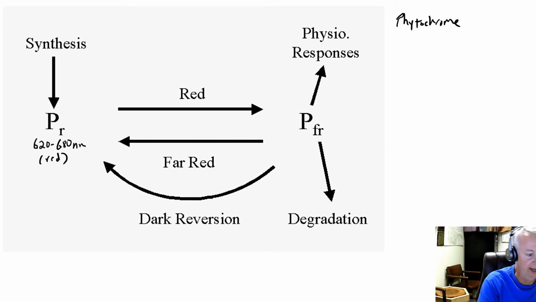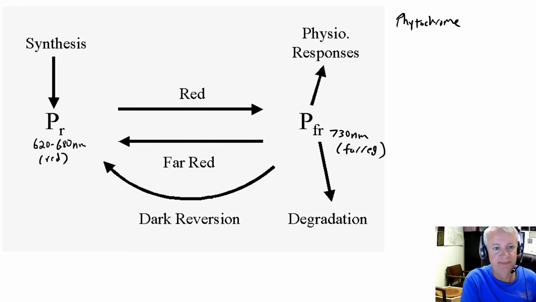And then the far red version of phytochrome basically absorbs radiation in the range of 730 nanometers, which is far red. So when the far red version absorbs light in that wavelength, it converts in this direction to the red form. When the red form absorbs red light, it converts in this direction to the far red form.